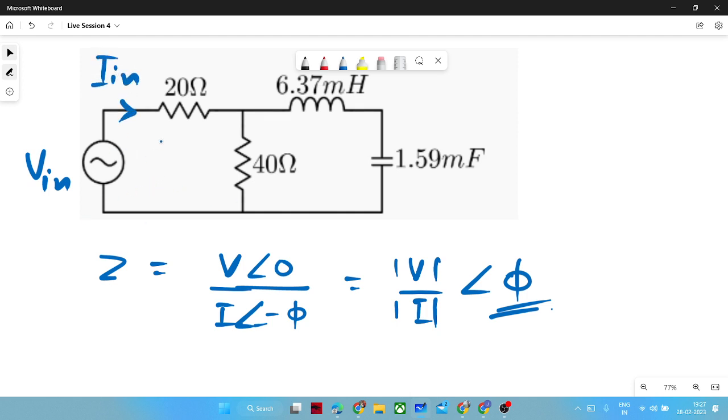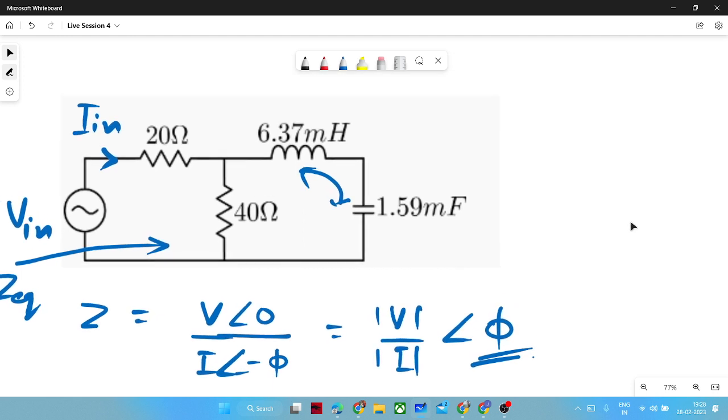Now, the Z equivalent, if you look from this side, is just a combination of series and parallel resistance, inductance, and capacitance. So you write every term in terms of impedance, and these two are in series, and you have to write in terms of reactances, 1 by omega C and omega L, and R. And you do not forget to use the imaginary component, right?